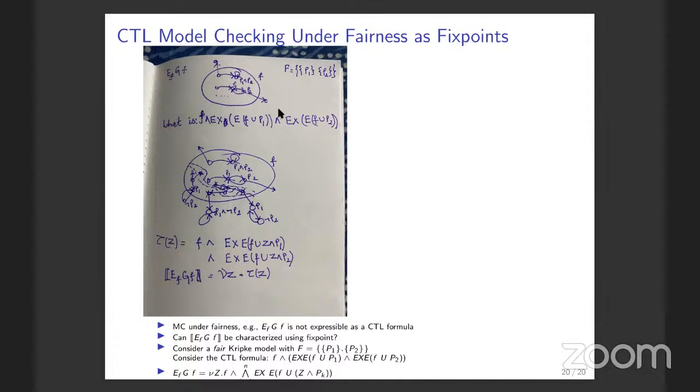So you will eventually end up with something like this in your fixed point: states that are either part of SCCs on which P1, P2 hold infinitely often on some subset of the states, or that lead into such SCCs.